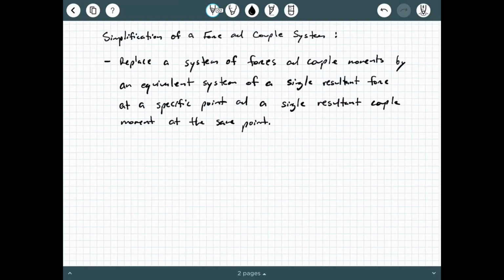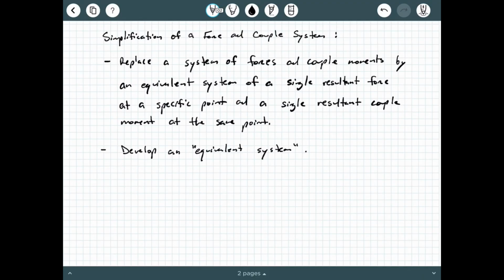Okay, so basically what we're going to say is we're going to develop an equivalent system. That's how we summarize it, developing an equivalent system.